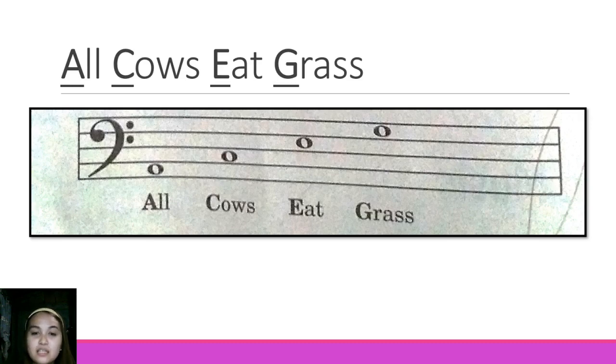The first space is A, second space is C, third space is E, and the fourth space is G.